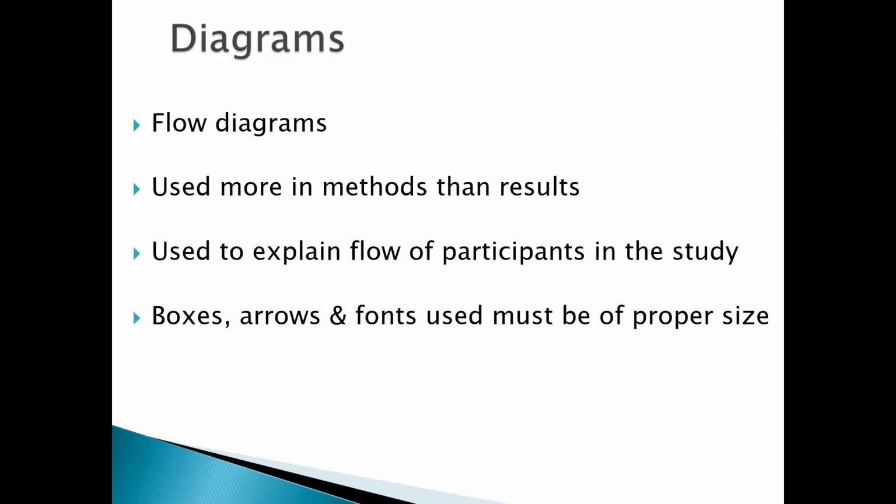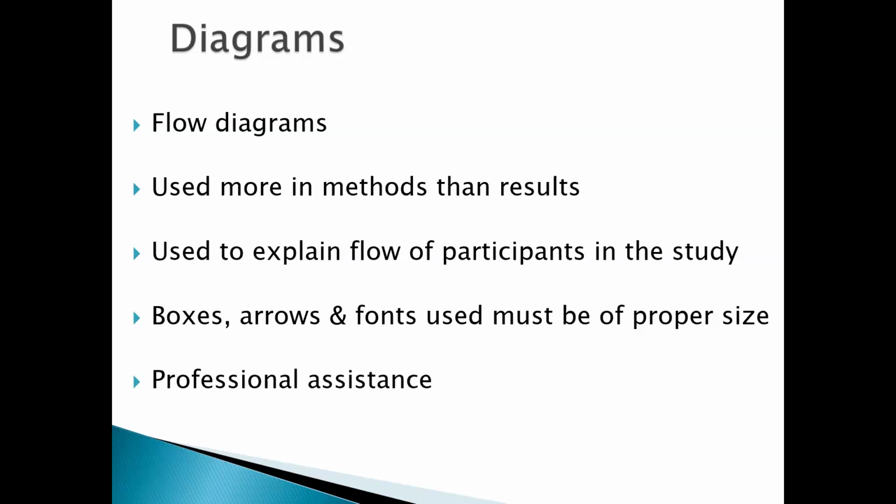When you are using those flow diagrams, you need to be more proper. You have to ensure the boxes, arrows, and the fonts that you use are of proper size. Each box should not be of a different size. That will make it look very messy, and the journal people may not like such shabby work. So you have to be very clear with that.